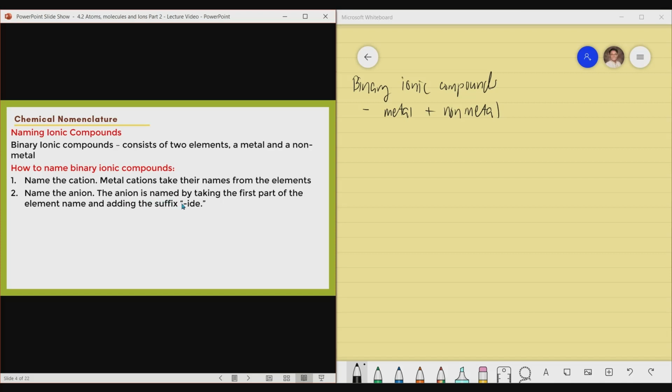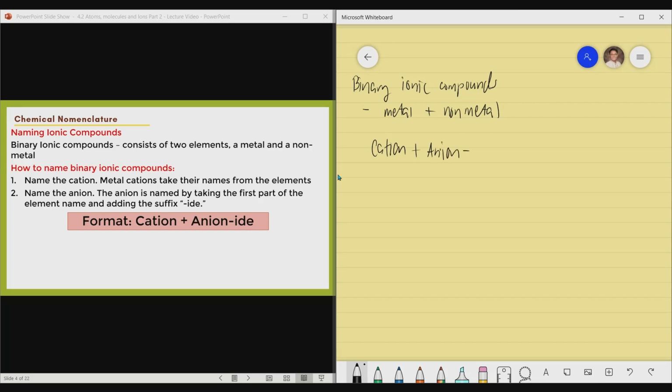The anion is named by taking the first part of the element name and adding the suffix IDE. Your anion or non-metal, your second component, we will take the first part of the element name and add the suffix IDE. Therefore, we have this certain format: cation plus anion-IDE. So we just simply follow this format.